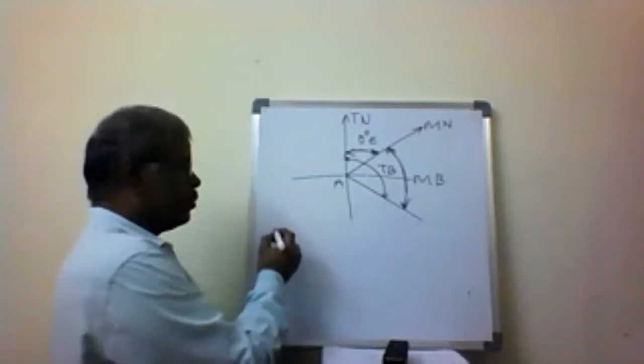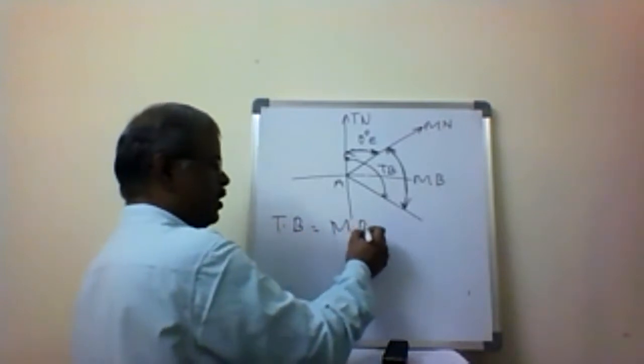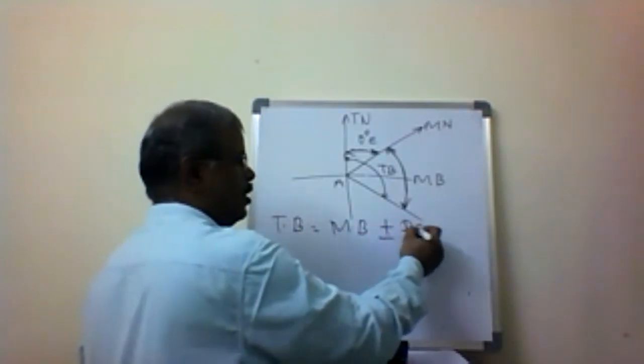The general formula is: true bearing equals magnetic bearing plus or minus declination.